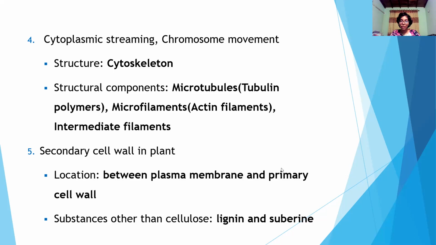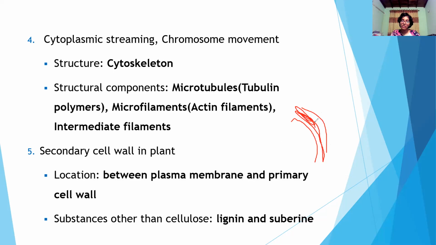So plasma membrane, and outside that, you might find the primary cell wall. I mean, you might find the cell wall. So if I annotate it, between the plasma membrane and primary cell wall, you can find this secondary cell wall.